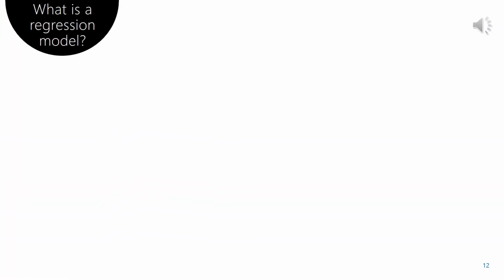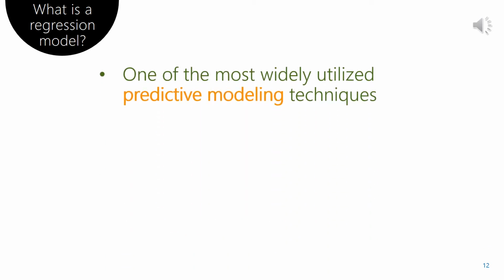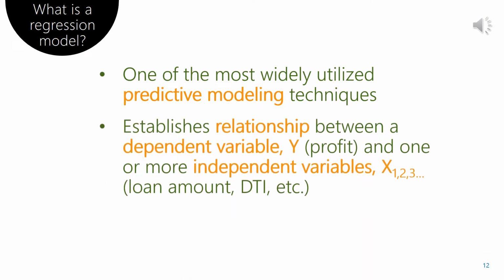So what is a regression model? Well, regression is one of the most widely utilized predictive modeling techniques. In essence, a multiple regression model establishes a relationship between a dependent variable, y, which in our case is profit, and one or more independent variables, x1, x2, x3, x4, as many variables as we find a relationship between x and y.